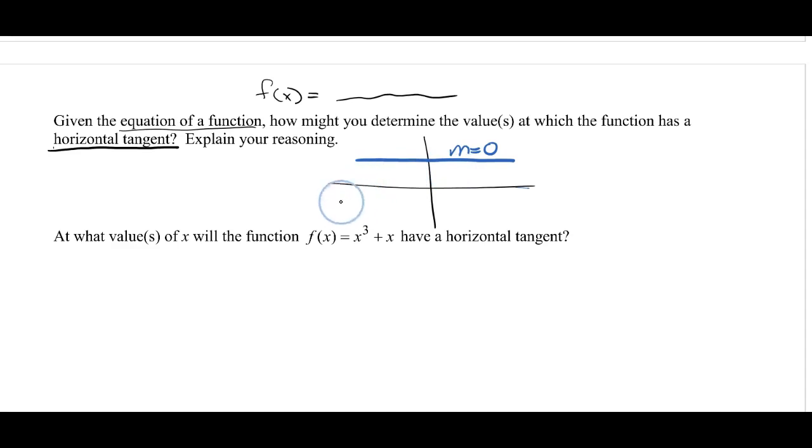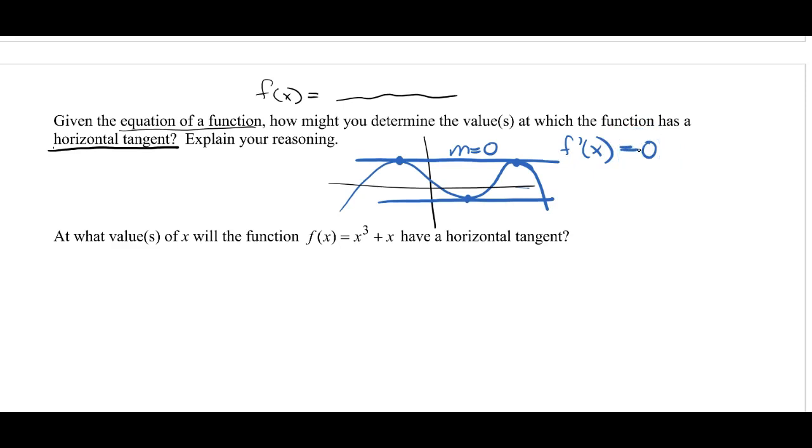If the slope of a horizontal tangent is always 0, then that means the derivative of a function that has a horizontal tangent at that point, do another one here, that means that the slope of the function at that point, the slope of the line tangent to it, is also 0, which means that the derivative of the function equals 0 at that point.